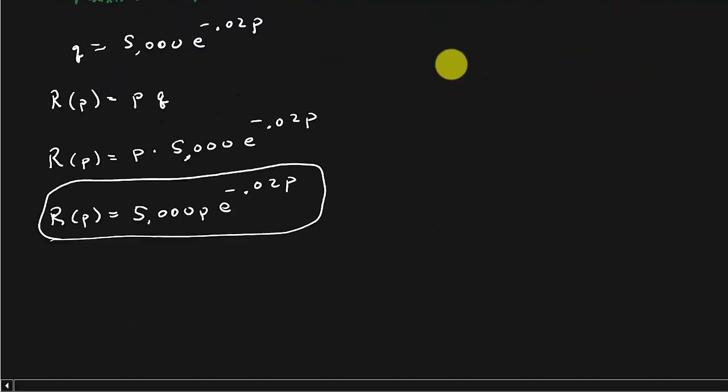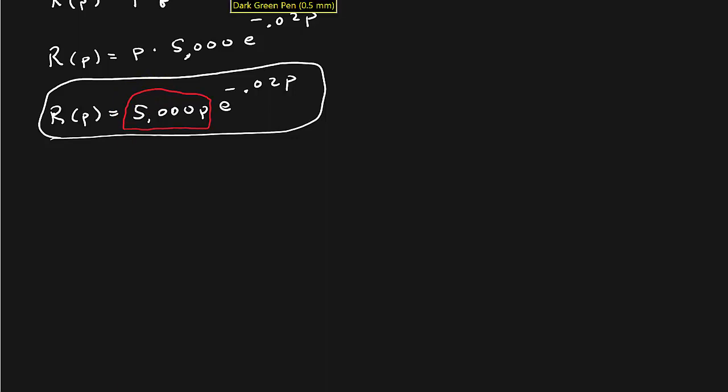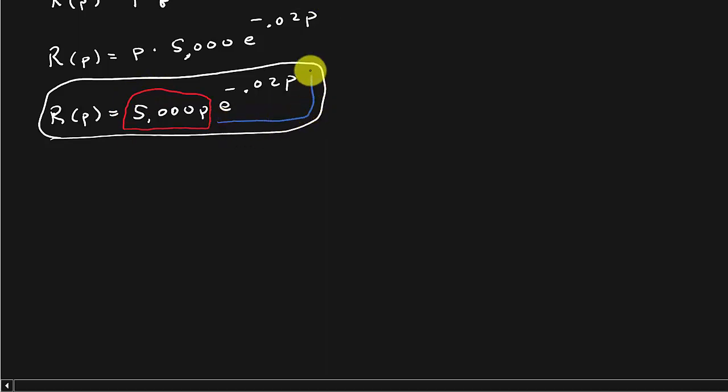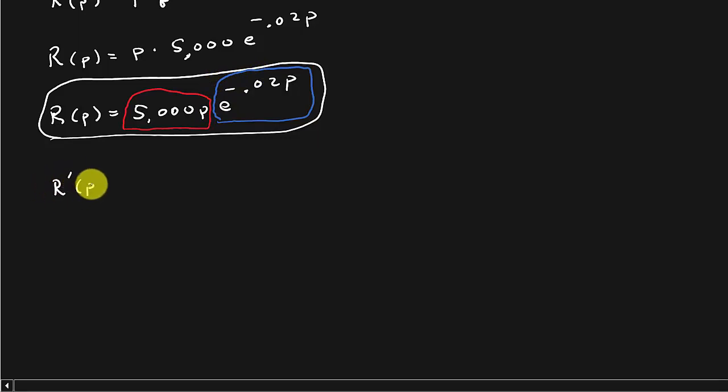All right, so let's find the derivative of this. So this is product rule. So look, it's our first function and there's our second function. So remember, the derivative is the derivative of the first times the second plus the derivative of second times the first.